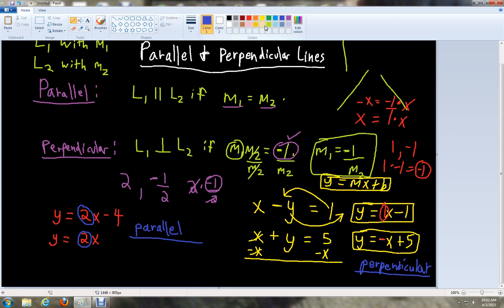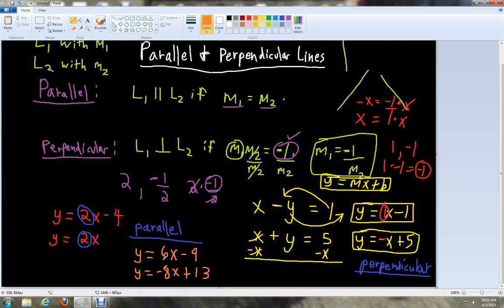So just a quick example of maybe a set of lines that are neither would be like y equals, let's say, 6x minus 9. And then if you have y equals negative, let's say, 8x plus 13.